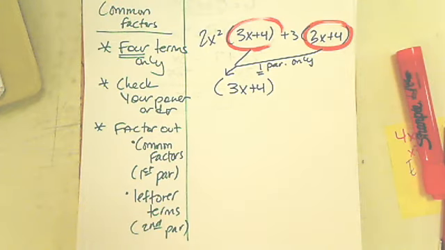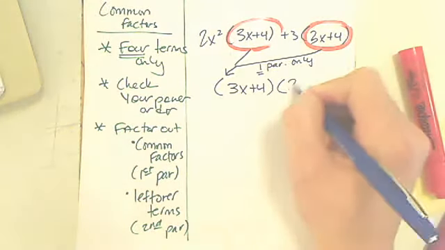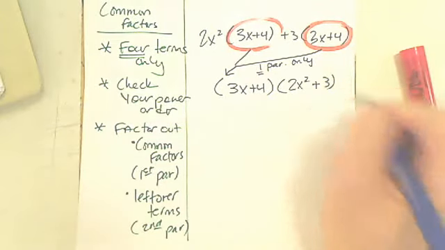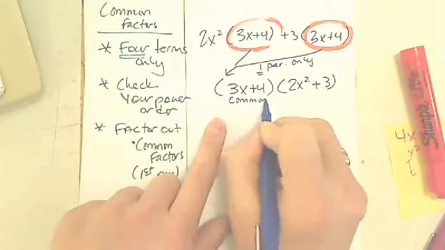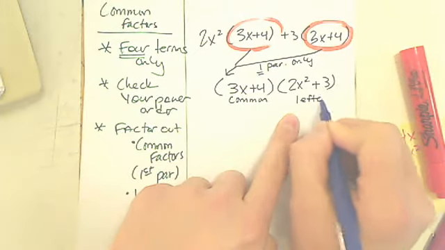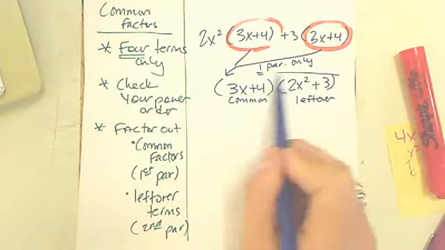What do I have left over? 2x squared plus 3. So here, this is your common factor. Whatever you have left is left over. This is your answer.